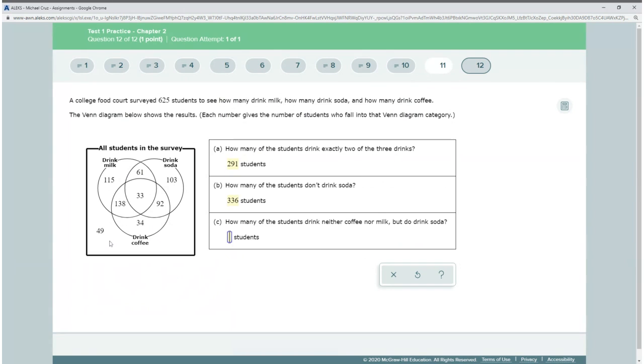Because all of these people here and here drink coffee or milk. So the only ones that don't drink coffee or milk but do drink soda is the 103. And I'm sorry, we don't need the 49 because it's specifically saying drink soda. So if it just said drink neither coffee nor milk, then it would be the 103 and the 49. So it's just the 103.